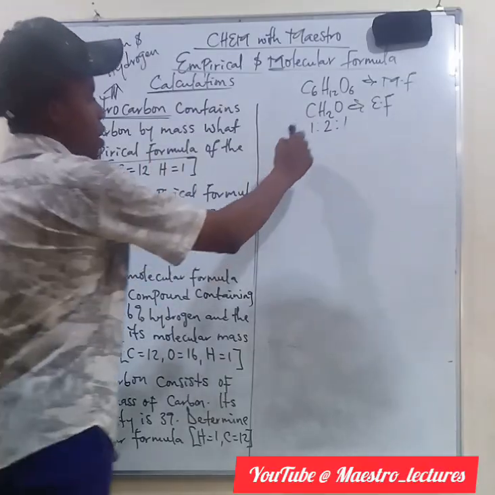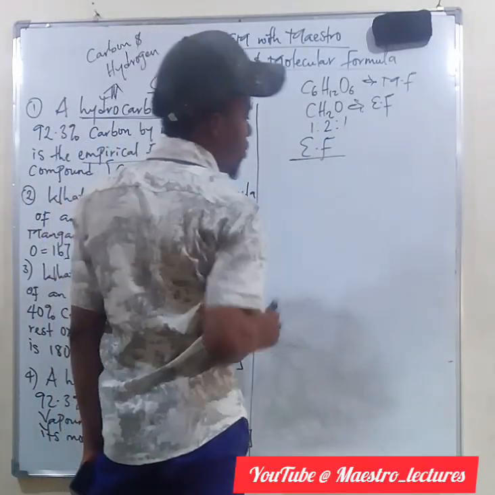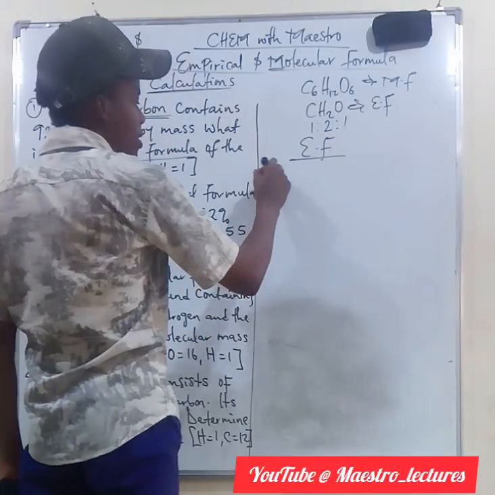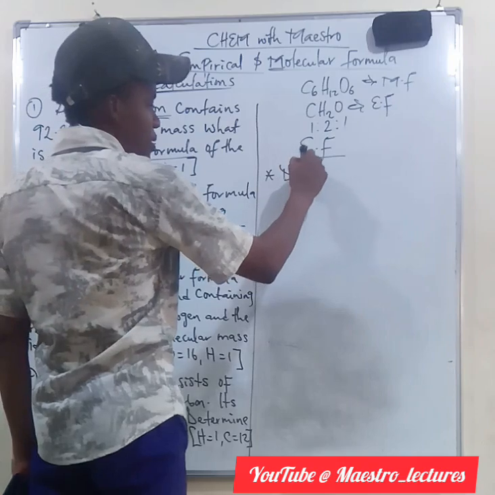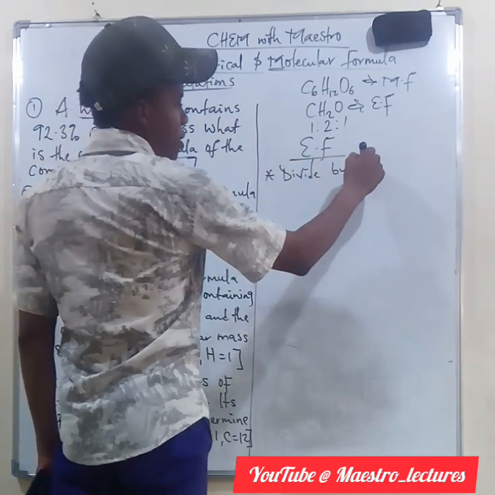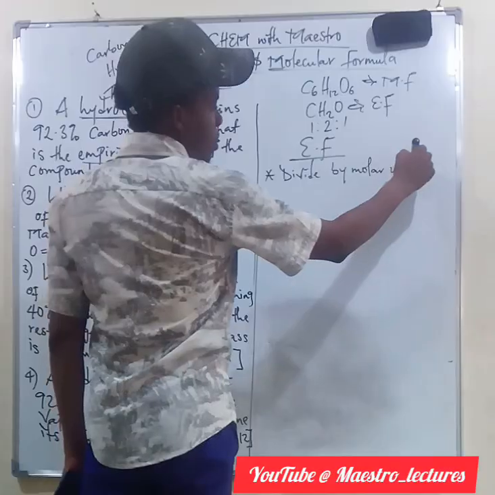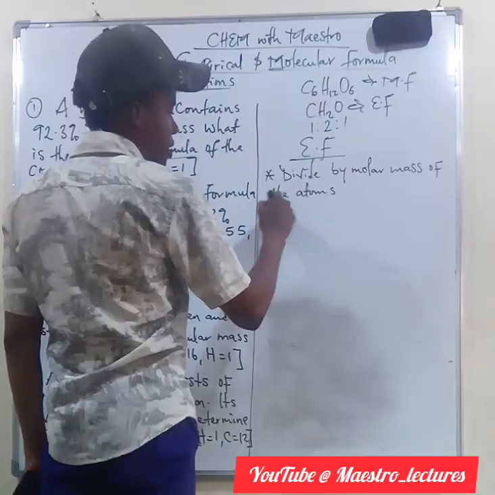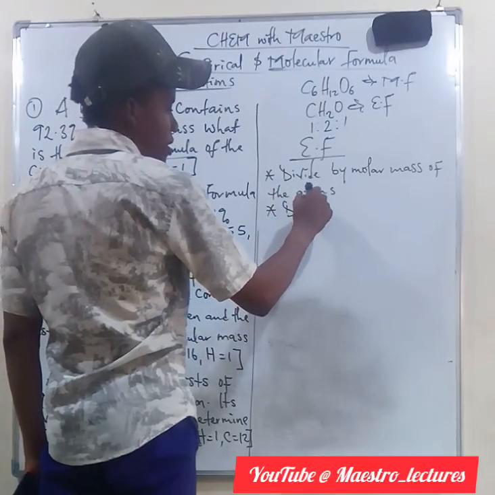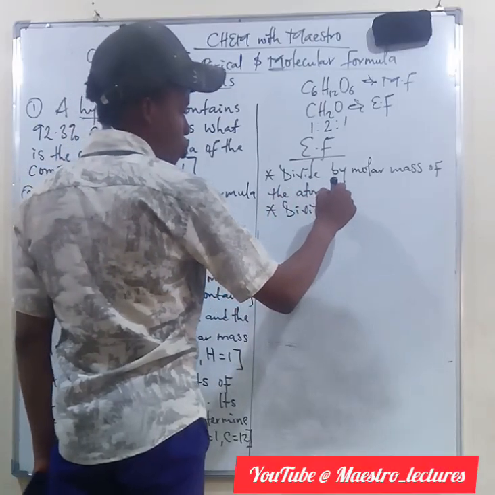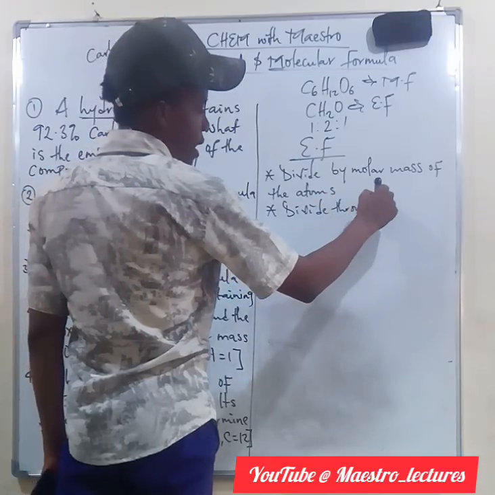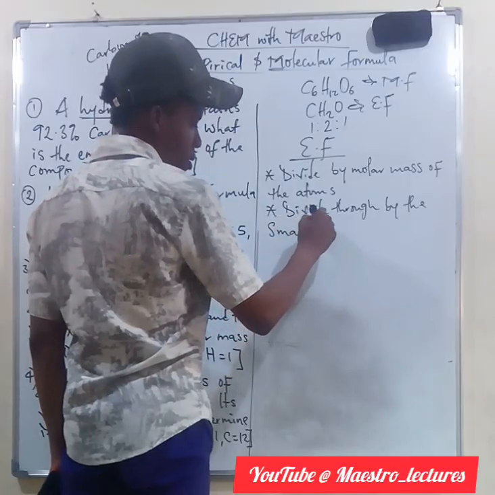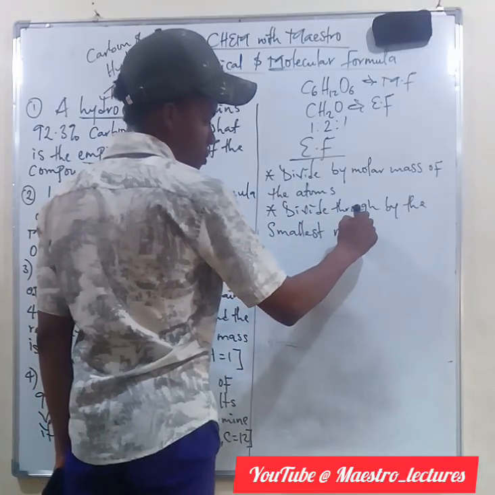So now, we are asked to find the empirical formula. Now, to look for empirical formula, there are 3 rules you must know. Number 1, you are going to divide by the molar mass of the atoms, and then you divide through by the smallest number.